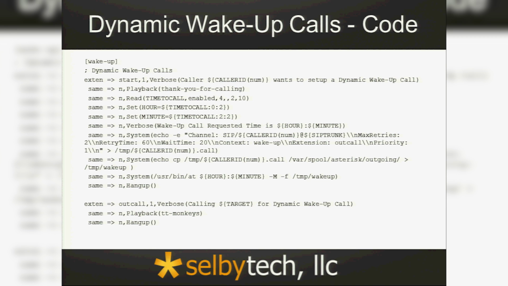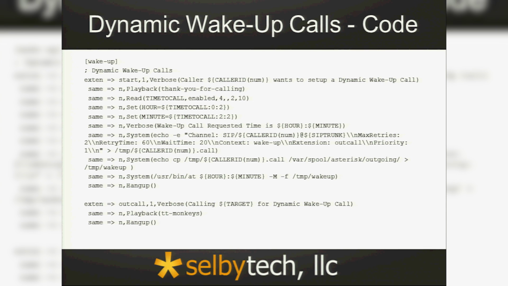Anyways, you limit to 4 digits. You give it 2 chances, and you wait 10 seconds between chances. That way, if somebody doesn't type in all 4 digits, it'll prompt them, hey, you need 4 digits for this. So then we split the variable that we just set into the first 2 digits are the hour and the second 2 digits are the minute.